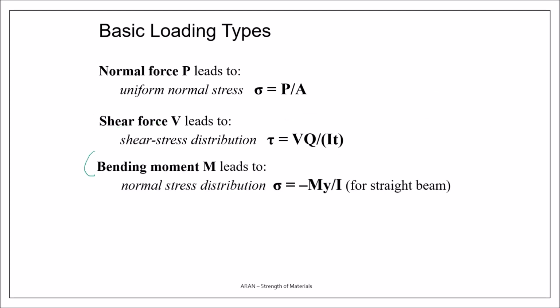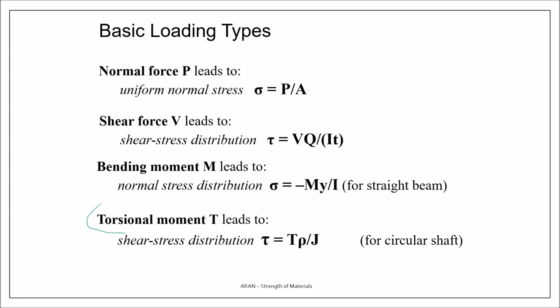Bending moment causes normal stresses due to bending. And this distribution is, as we remember, also not uniform. On the neutral axis, the stress is zero. On the upper and lower surfaces, we have maximum stresses, but their signs are opposite.